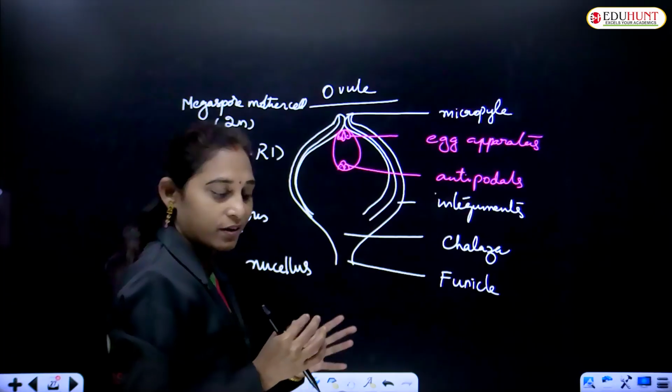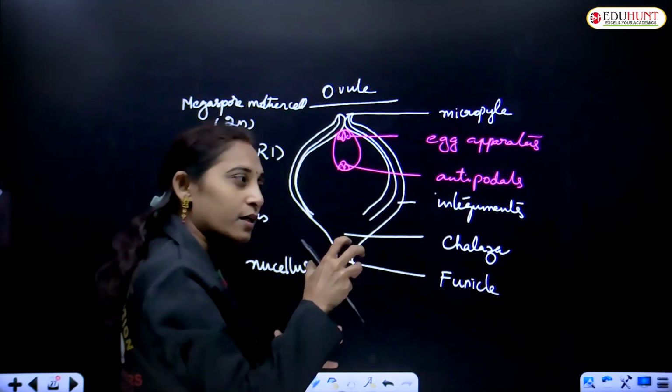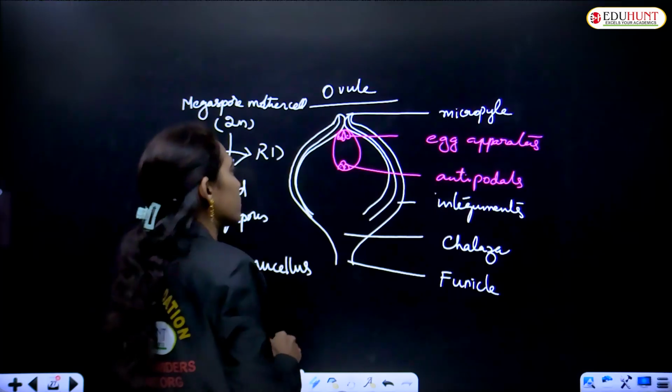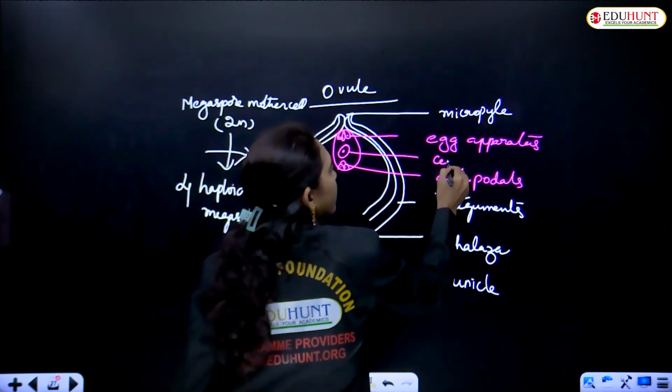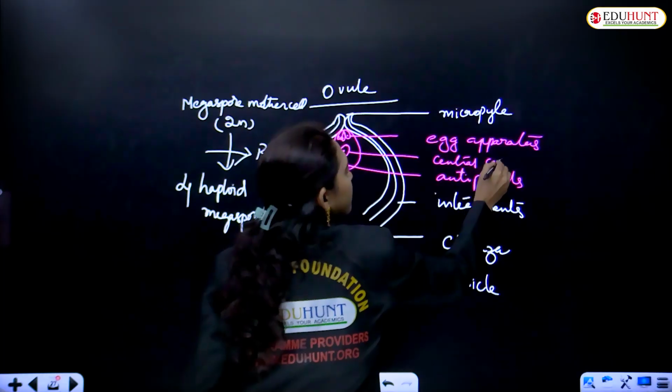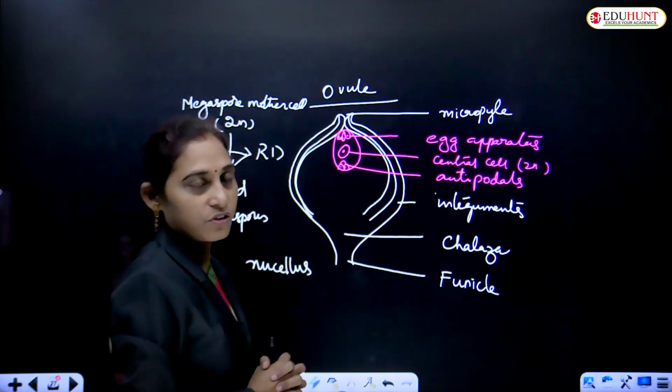Cells means they have a nucleus, and along with this nucleus, they have cytoplasm and a cell wall. This is the central cell, which is a diploid one, at the central region.